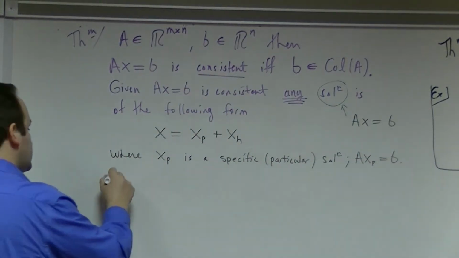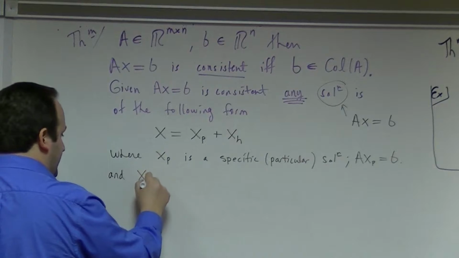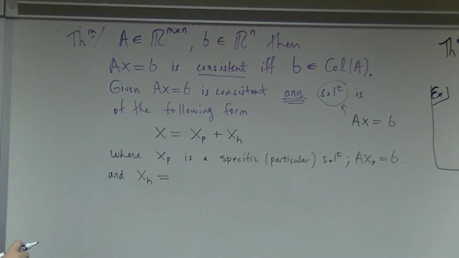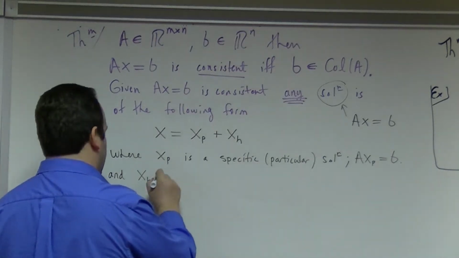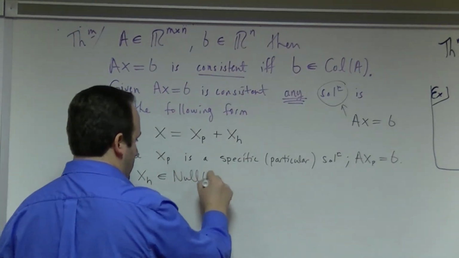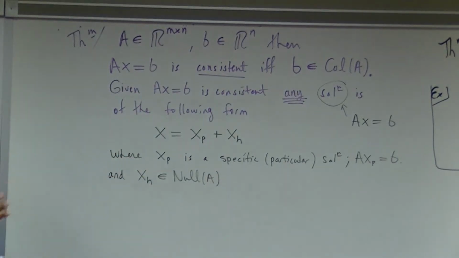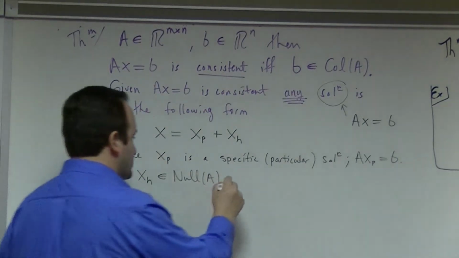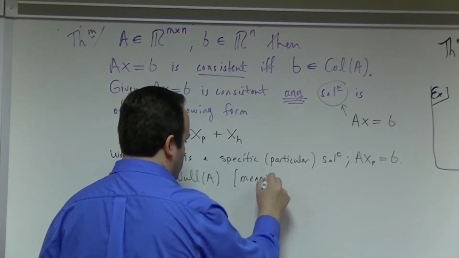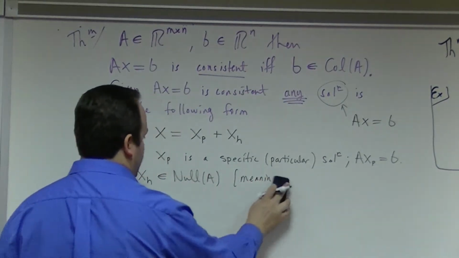And xh is equal to what? Homogeneous solution. Right, xh is particularly an element of the null space of A. Yeah, and it's a homogeneous solution. Let me not clutter this here.